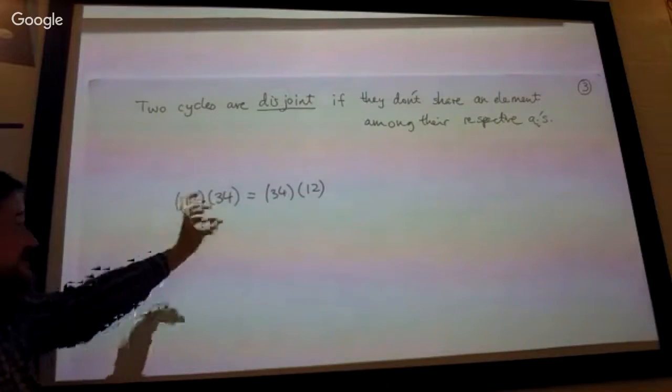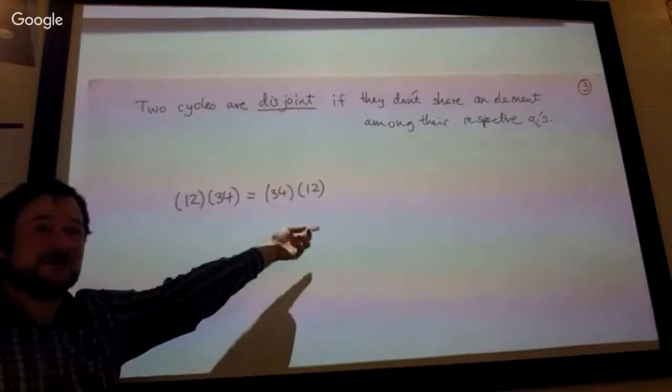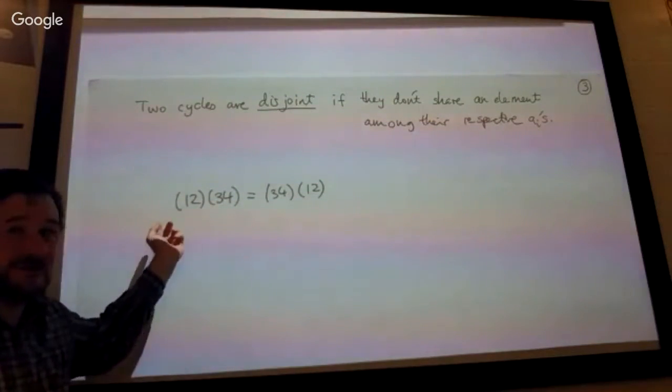So it doesn't matter whether you first shuffle the 3 and 4 and then the 1 and 2, or the other way around.